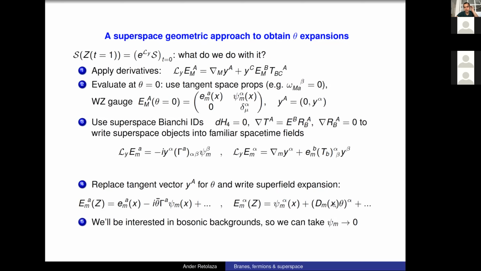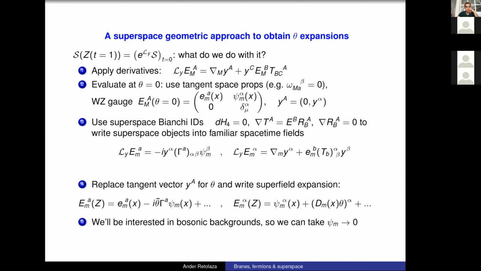This is the object that appears in the supersymmetry variation of the Gravitino. It's a combination of covariant derivative and fluxes that will appear quite a lot in the calculations that I'll show you afterwards. So we have a method to obtain these theta expansions, in principle, to any order.